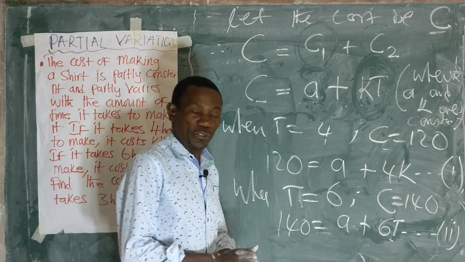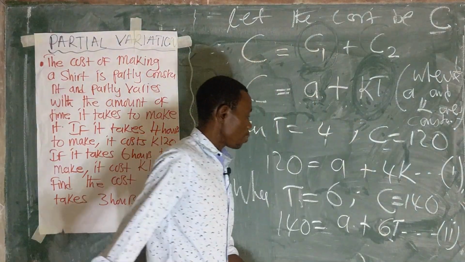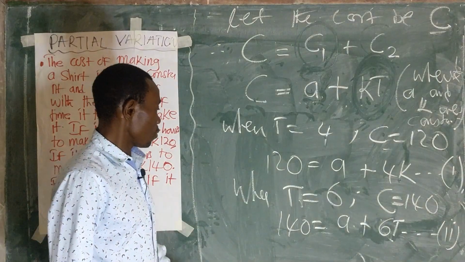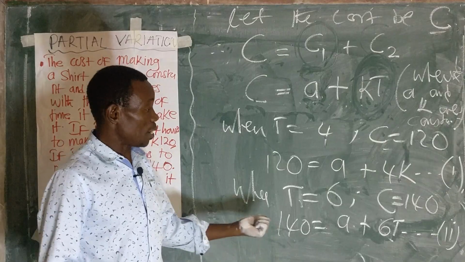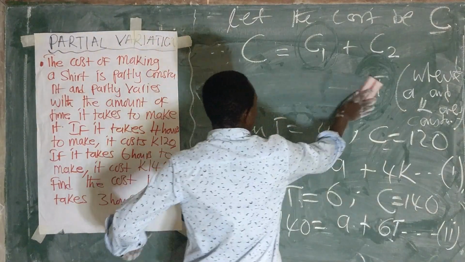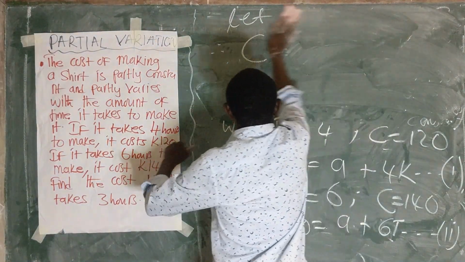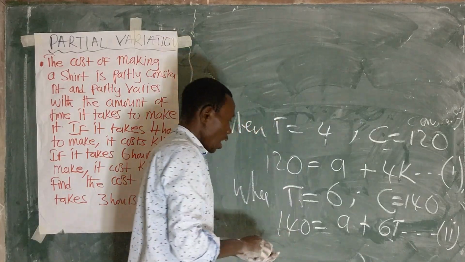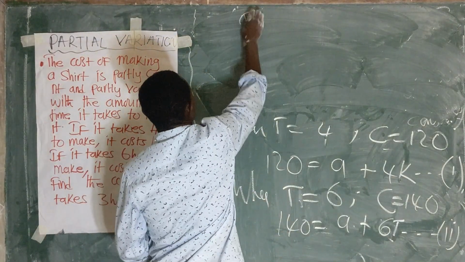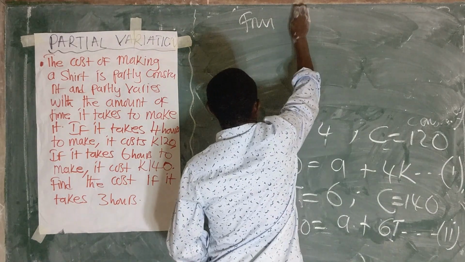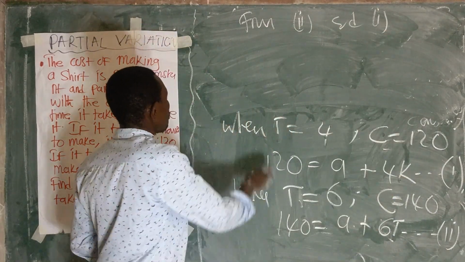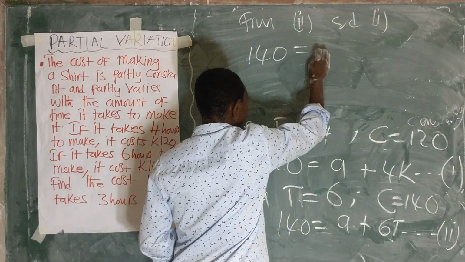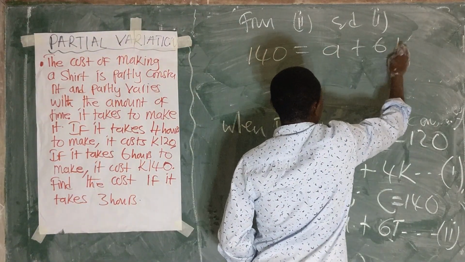You can use all the methods, elimination or substitution, but the easiest here is just to eliminate a in the two equations, hence you use the elimination method. Right, so from equations 2 and 1, you write equation 2 here: 140 is equal to a plus 6k.